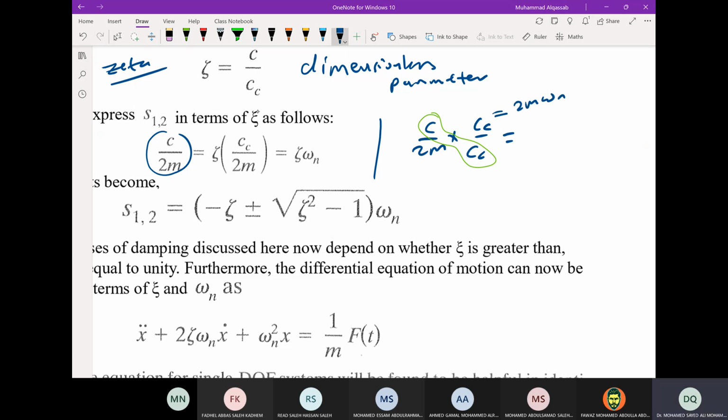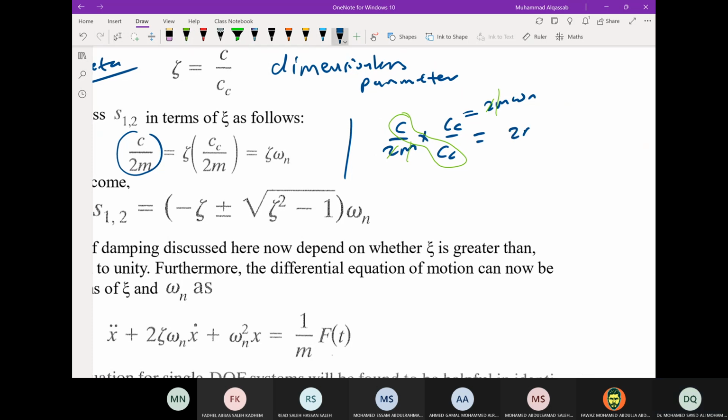You keep one Cc in the denominator, so that C over Cc is zeta, and you substitute for the Cc, which is 2m omega n, to cancel out m and m, 2 and 2. And this will be equal to 2 zeta omega n.